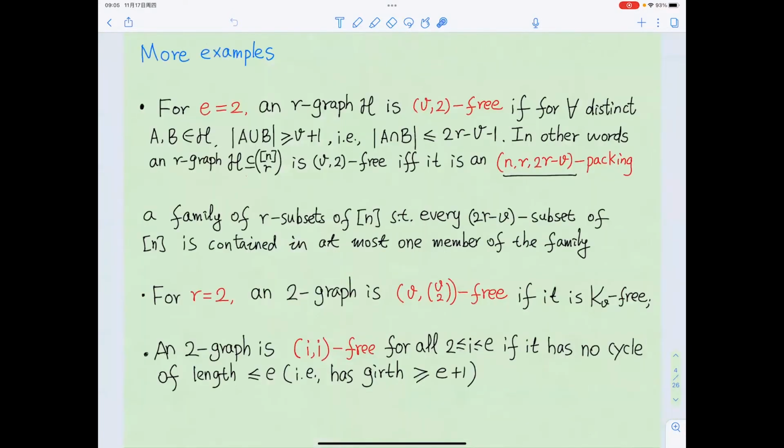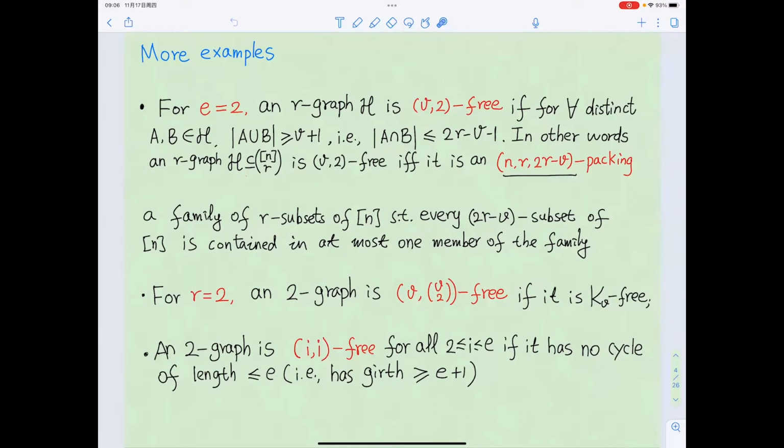Here are some more examples. For the base case, e equals 2, we only consider the relation between 2 edges. An r-graph H is (v,2)-free if for distinct edges A and B, the union of A and B is at least v plus 1. In other words, the size of the intersection of A and B is at most 2r minus v minus 1.